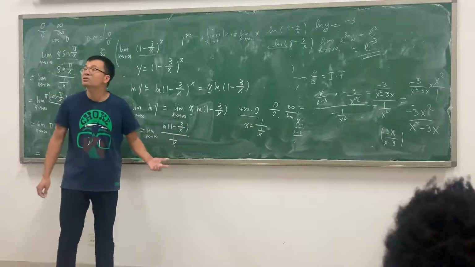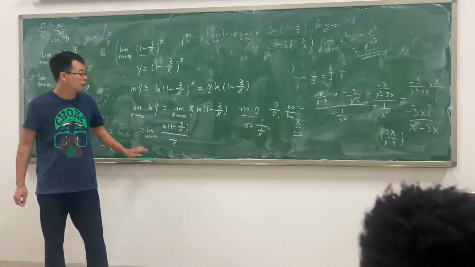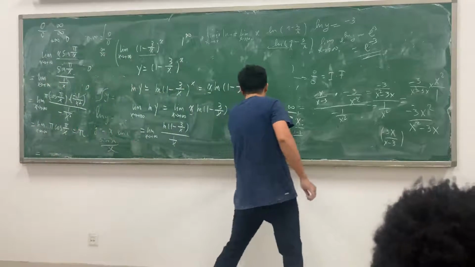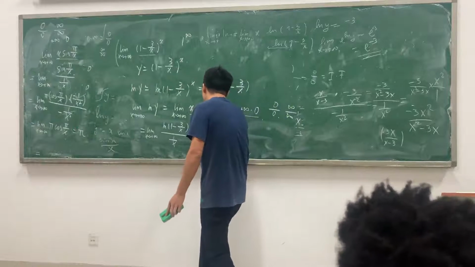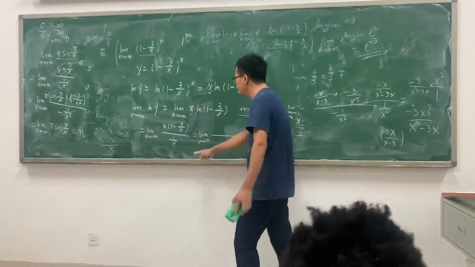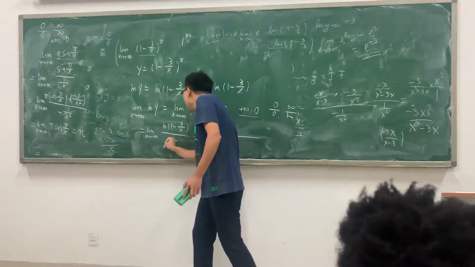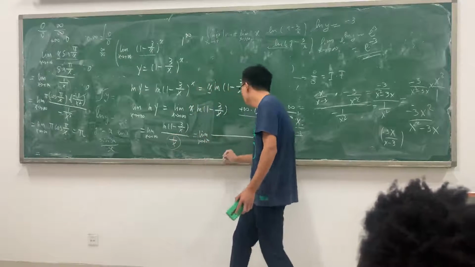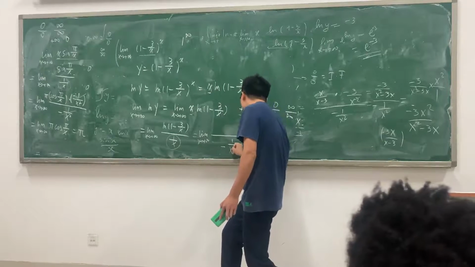So here we can use L'Hopital's rule. So here equals the limit as x approaches plus infinity of, first, the derivative of 1 by x, which is minus 1 by x squared.